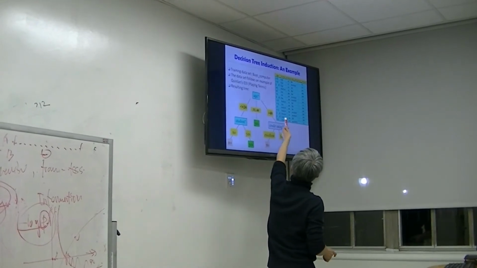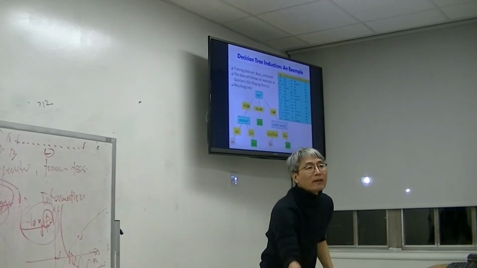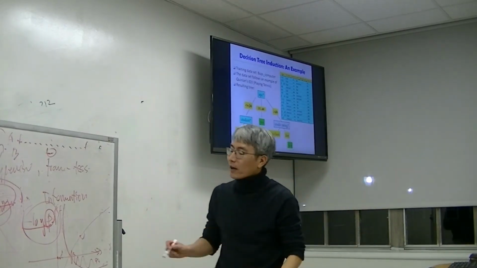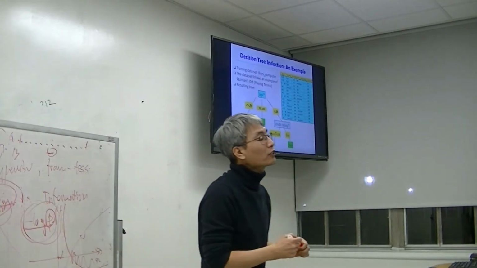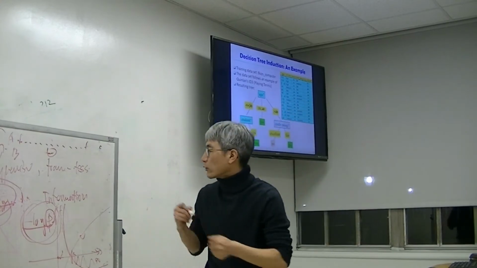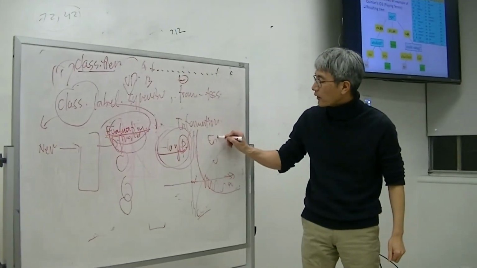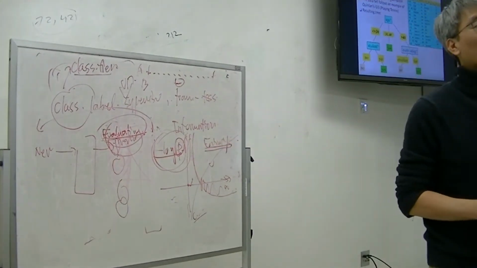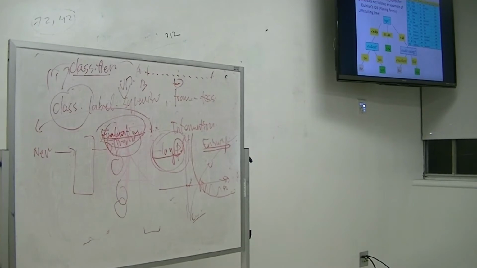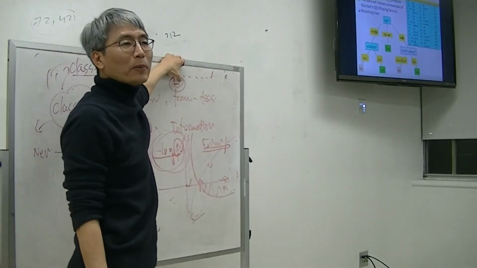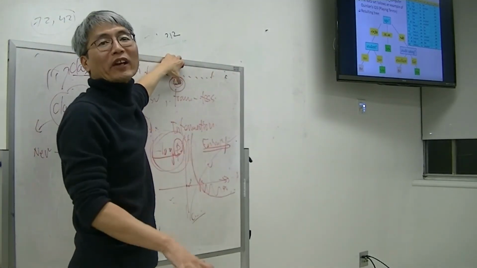But if some attribute has all the same value, no way to classify, right? So to measure the difference, we are going to use entropy. Entropy means a kind of energy of data. So think about it. If all the values inside are the same, do you think it's high entropy, high energy, or low entropy, low energy?